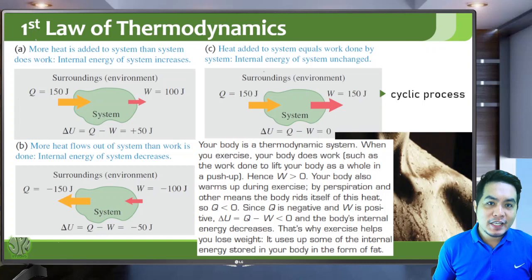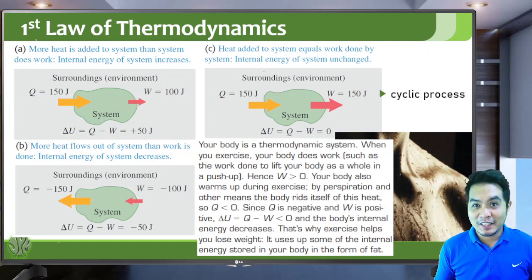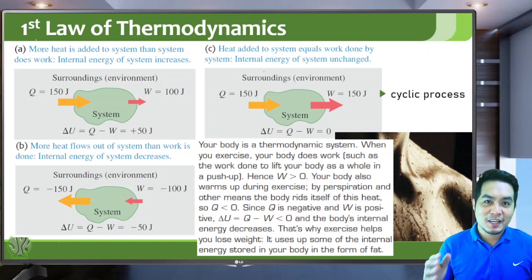So our body is a thermodynamic system. When you exercise, you're actually doing positive work. But since you're also sweating, urinating, or say pooping in the middle of exercise, your body is releasing heat. So those are the ways your body can release heat: by urination, by sweat, or by pooping.